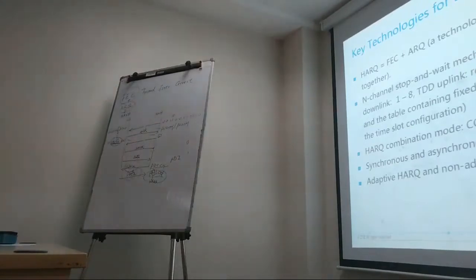But if it is very high, the higher HARQ rate is bad for our system. So my question is, how many maximum HARQ retransmissions can be tolerated by the system, by the eNodeB?